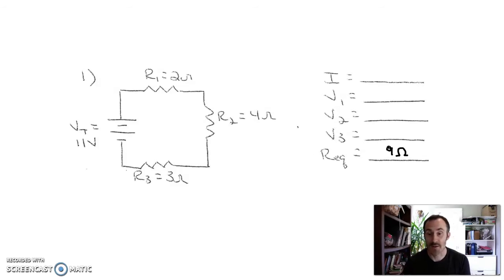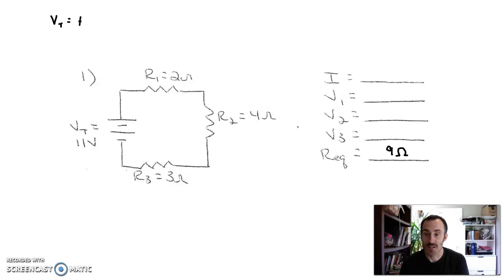That wasn't necessary. Okay, but now that we have done that, I can figure out what the total current is, because I can use VT equals IT times RT. I can use Ohm's law for the total. Okay, and so that's what I'm going to do up here.